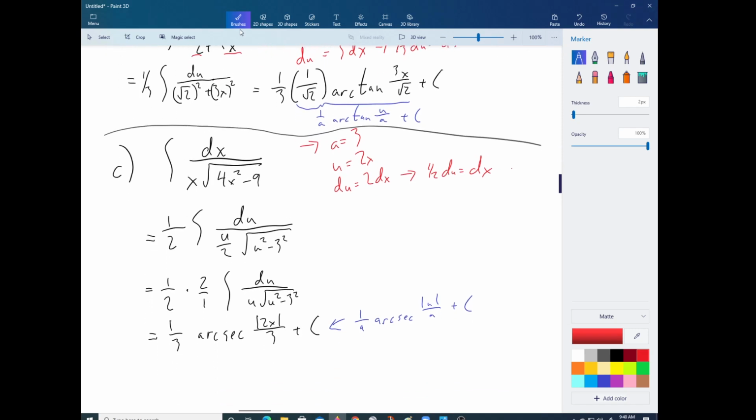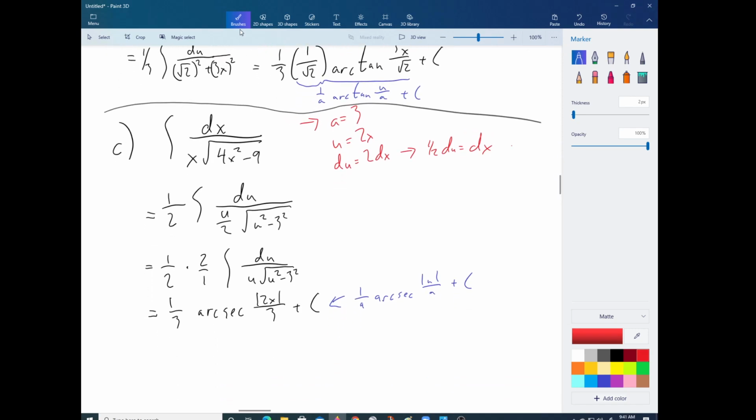On C, the part that maybe felt the most confusing was that you only have an x right here, but our u was 2x, so x was the same thing as u over 2, so I had to substitute that in. But that still doesn't look exactly like the rule I'm using, so I used the idea that if I have 1 over u over 2, I use my fraction rules, and that's why this 2 came on the outside here.